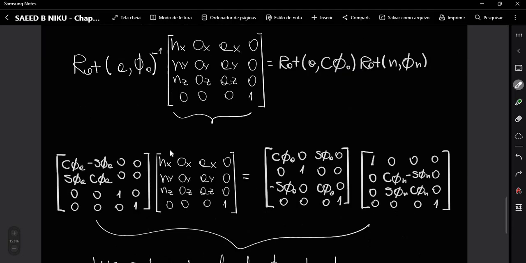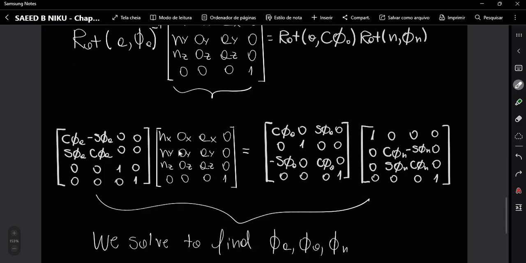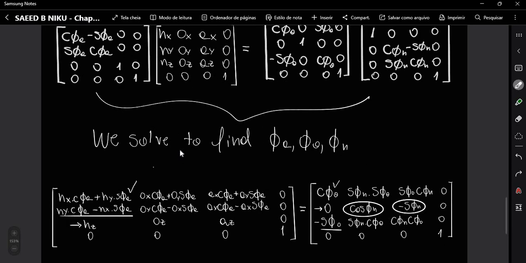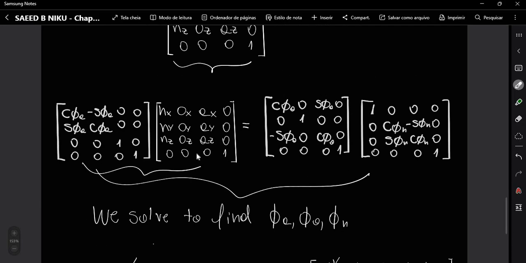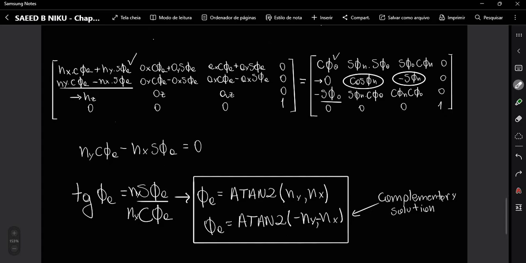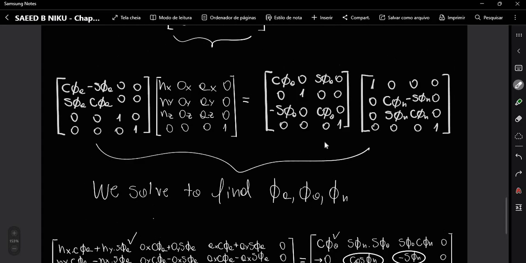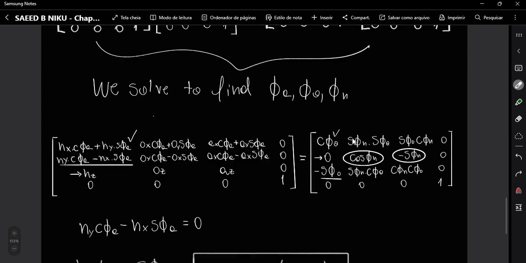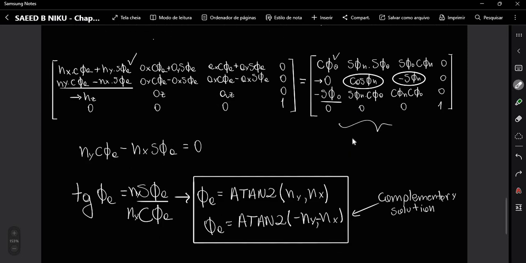Okay, so multiplying these two matrices, we got this matrix, and multiplying these two matrices on the right side of the equation, we got this matrix.